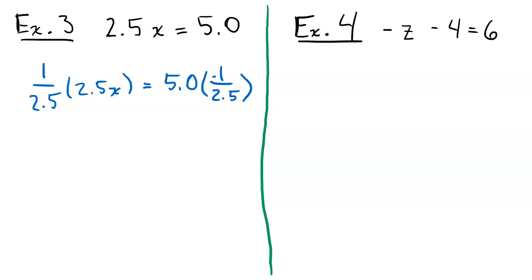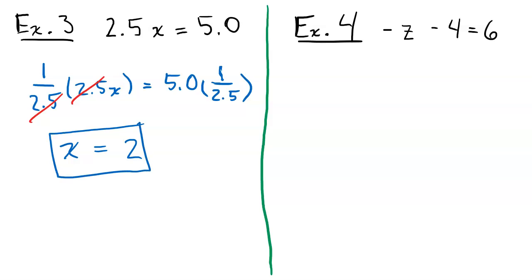I don't want you to confuse that for a negative sign, so I'm going to erase. Okay, 1 divided by 2.5. When we do this, the 2.5's cancel out. We're left with x on the left-hand side, and on the right-hand side, 5 divided by 2.5 is 2.